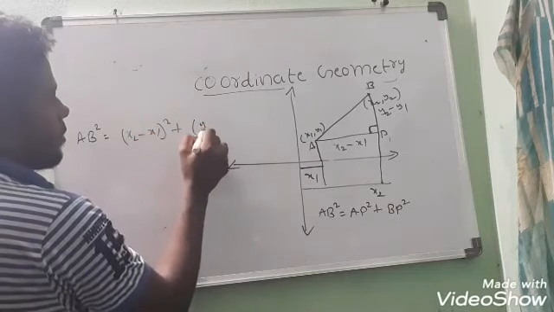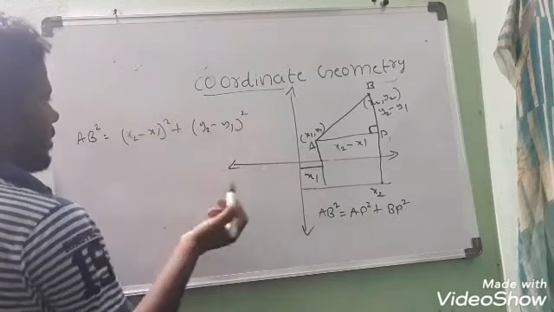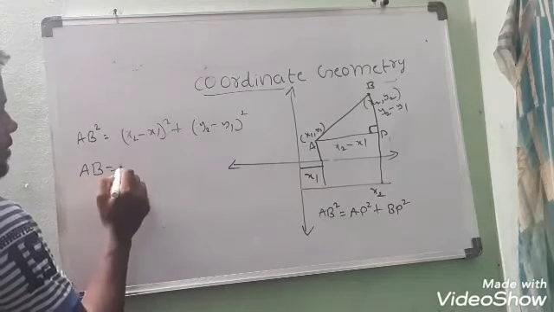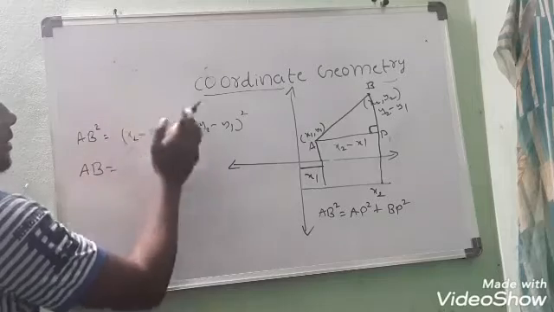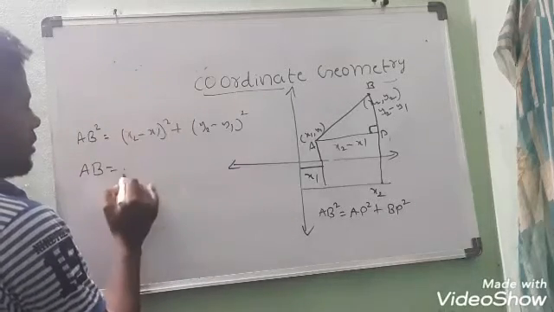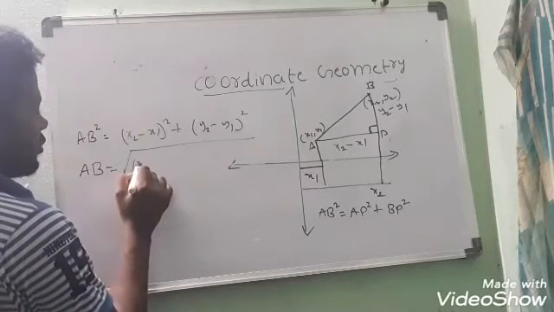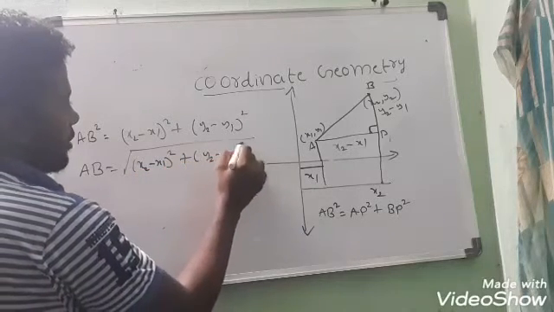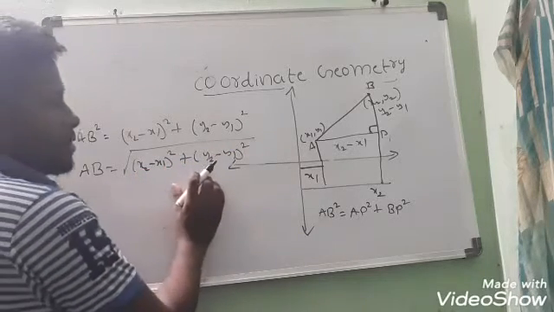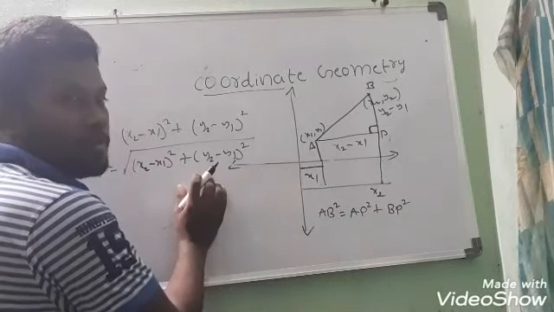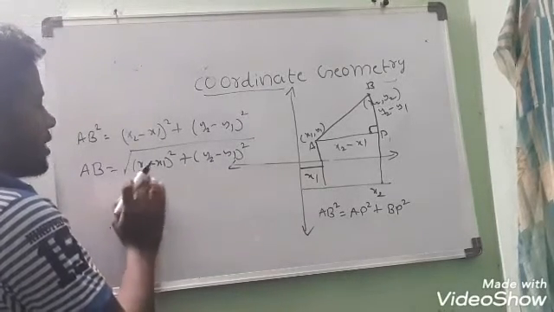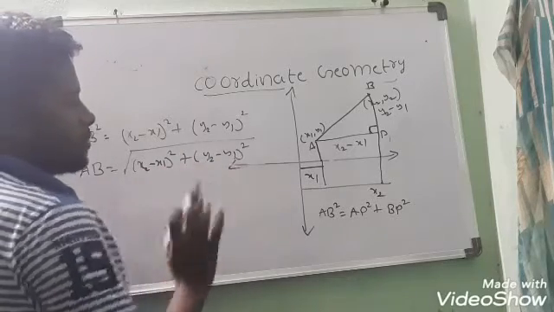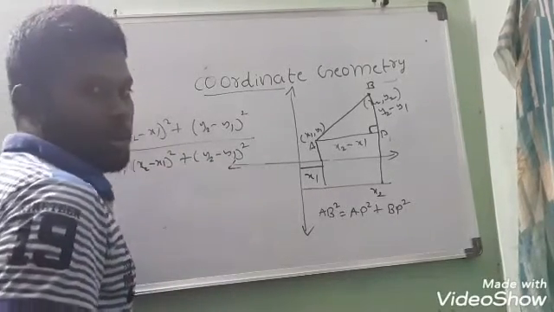What is BP? y2 minus y1 whole square. Now we have AB square, and we need AB. If you remove the square, it turns to square root. So this is the formula for the distance: AB is equal to under root of (x2 minus x1) whole square plus (y2 minus y1) whole square. Okay, understood?